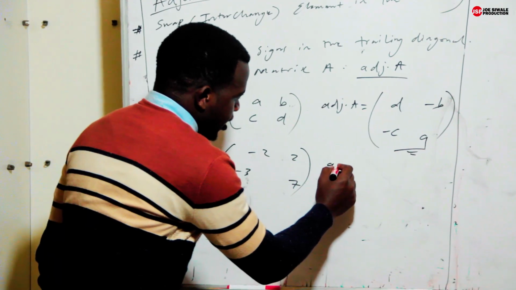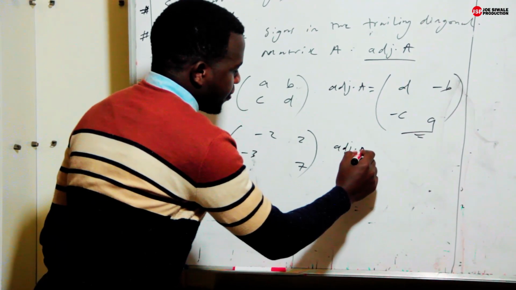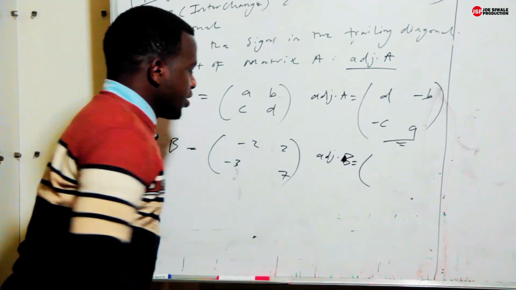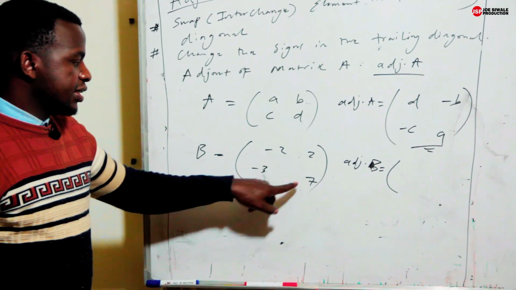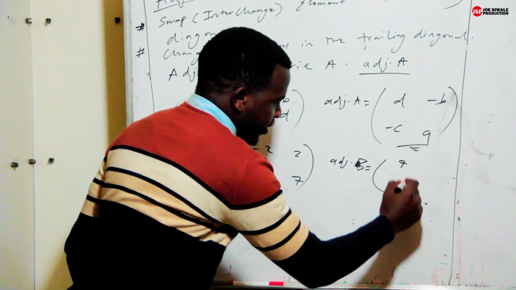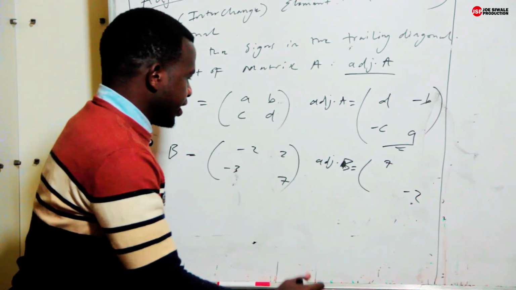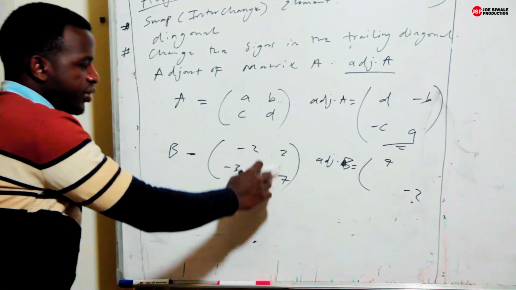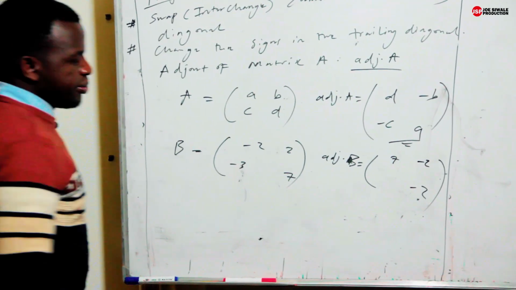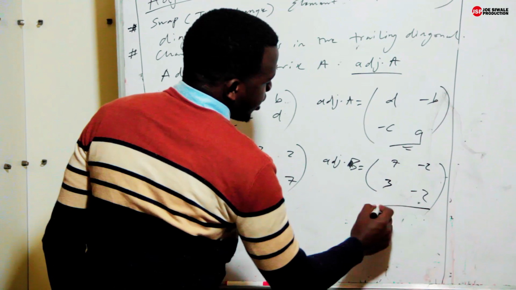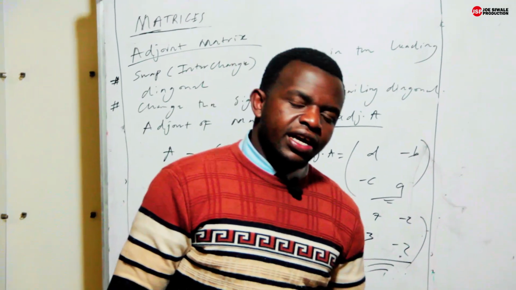So we'll say adj B. The first thing is to interchange the elements in the leading diagonal. So we are going to have 7 here, negative 2. Then we're going to change the signs in the trailing diagonal. So positive 2 is going to be negative 2. Then negative 3 is going to be positive 3. And that's going to be our answer. So that's how you can find the adjoint.